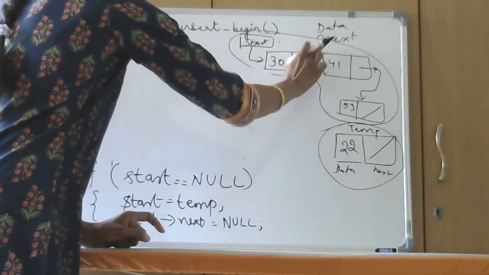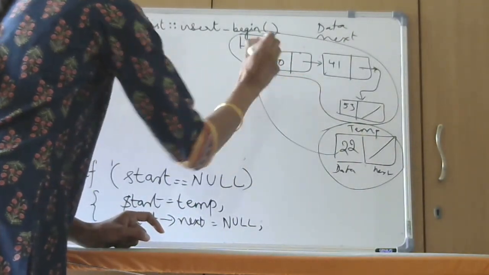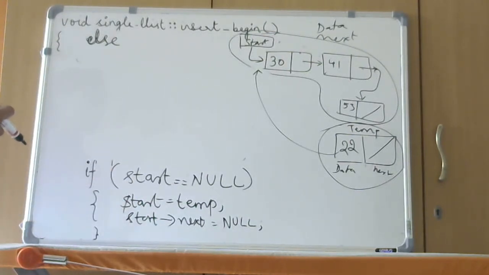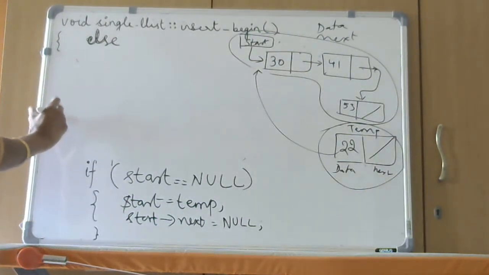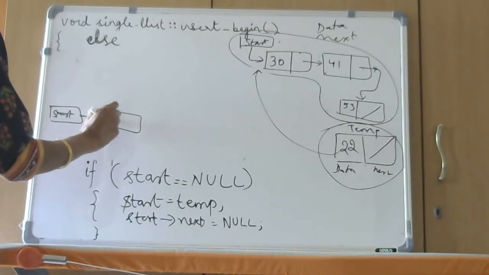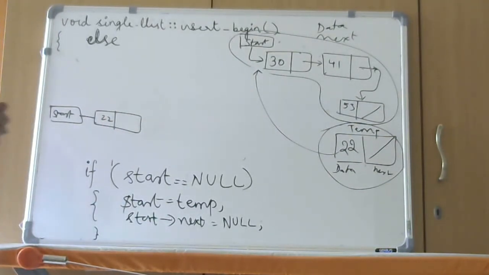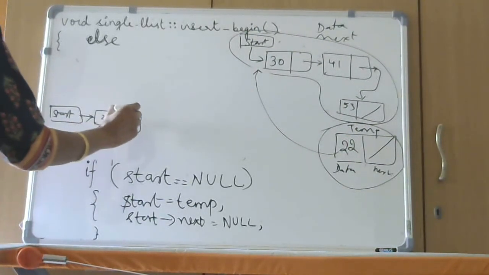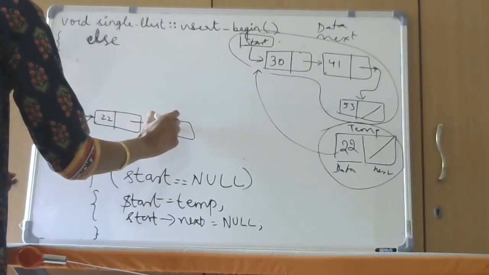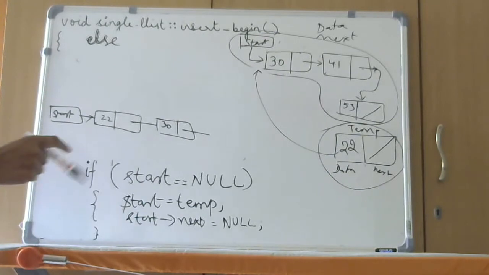This node should come here. So what should I write? See, it should look like I have start here. This should point to the first node should come there. And then 22, this will point to my next node, 30 and so on, 41 and so on.